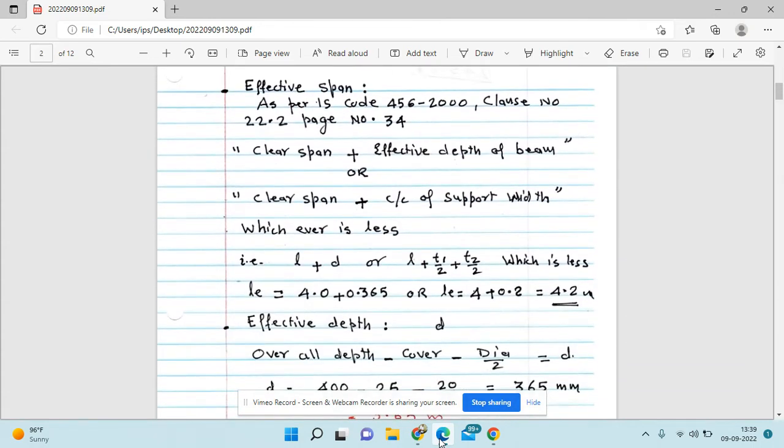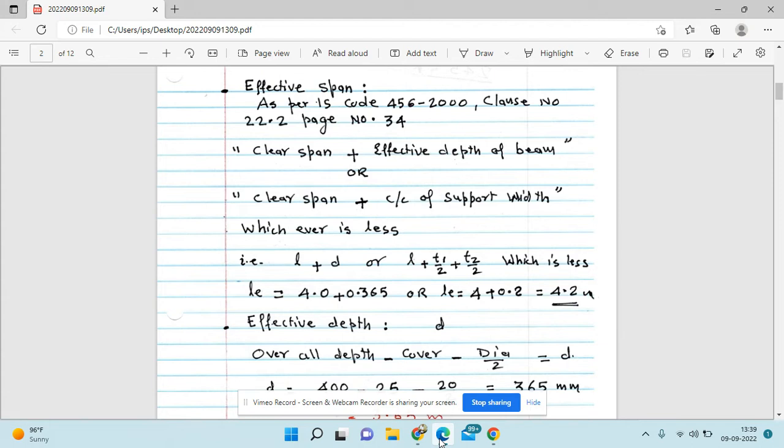Now we have to calculate the effective span. All the calculations are always based on effective span. There are three parameters: overall span, clear span, and effective span. Outer to outer distance of a support is called the overall span.